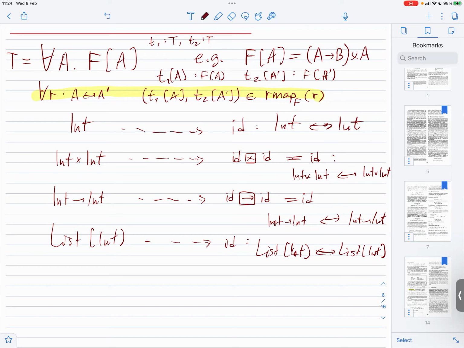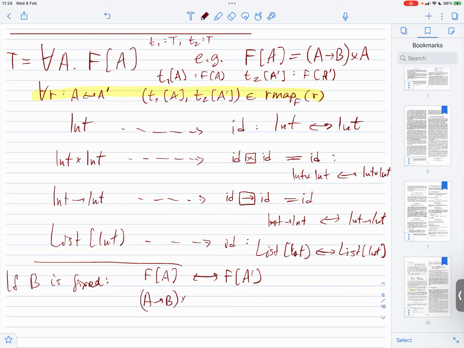And then if B is a fixed type, then you would have a relation between F of A. So when we want to lift with respect to the type parameter A only, and not with respect to type parameter B, because it's fixed, we will have a relation between F of A and F of A prime, which means you will have a relation between A to be A and A prime to be A prime.